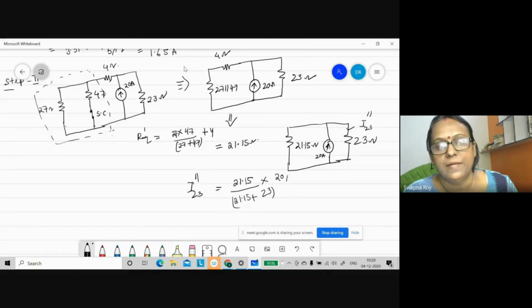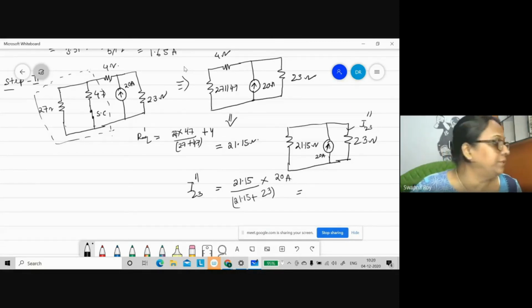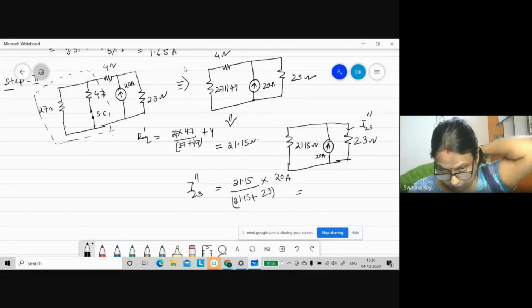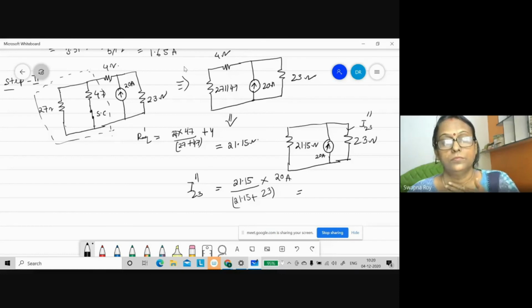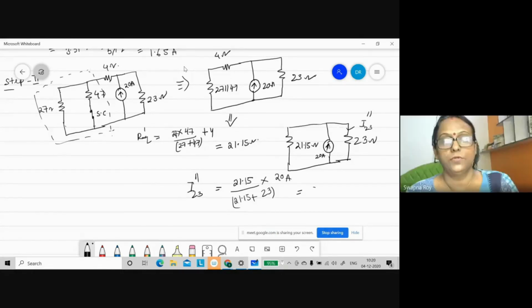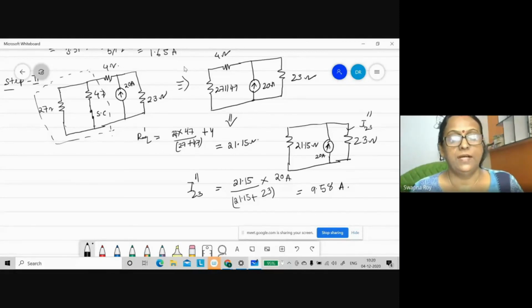Main current is 20 ampere. Just calculate this one. What is the value? 9.58 ampere. This is the current flowing through 23 ohms when only the 20 ampere current source is active.